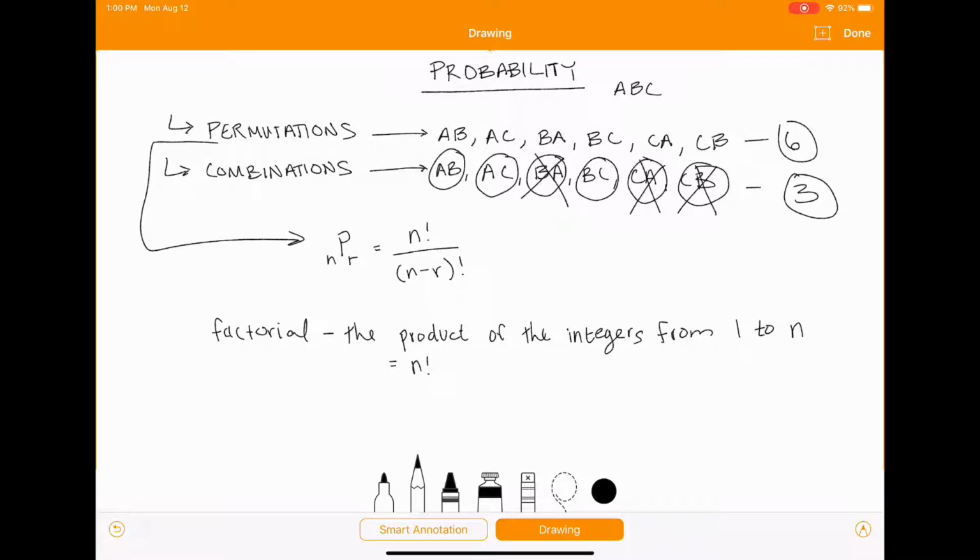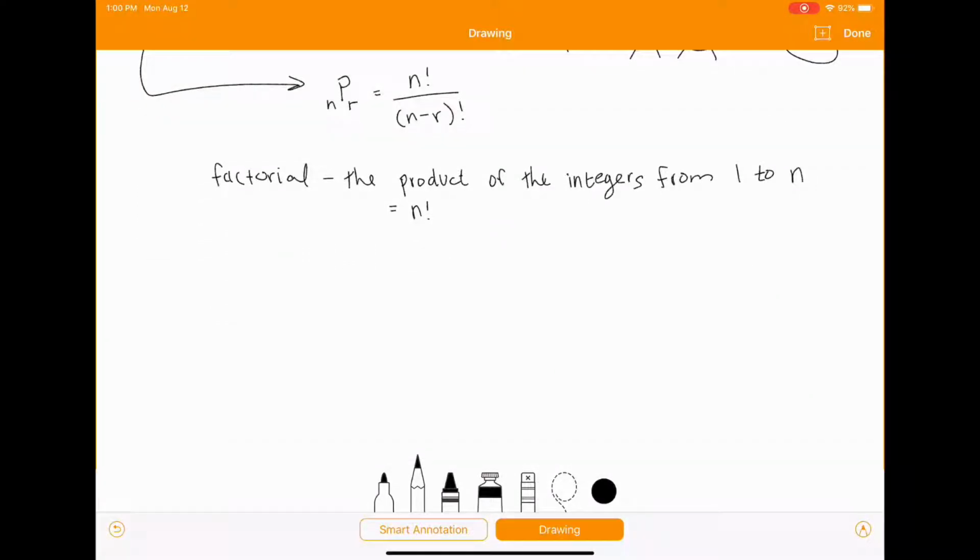So if we had, for example, 4 factorial, that's going to be equal to 4 times 3 times 2 times 1. 5 factorial would be 5 times 4 times 3 times 2 times 1, and so on. So you just start with whatever this number is and then go down by 1 until you get to 1, and you just multiply those together.